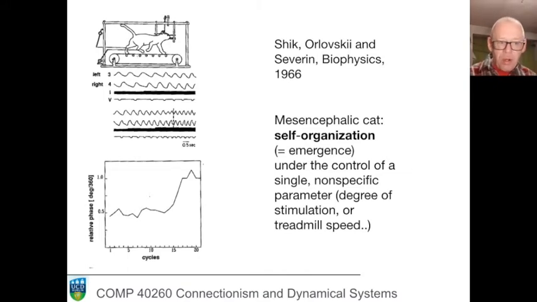And furthermore, as we speed up the treadmill, the gait reorganizes from one form to another, all without any overt cortical control. You can see this there. The bottom left-hand plot shows the relative phase. That's the collective variable. As we speed up, you can see it's stable at 0.5 between, I'm not sure which two legs these are. It's the left leg and the right leg. I don't know if they're front or back. But you can see that there's a qualitative jump as we speed up from one form of organization to the other.